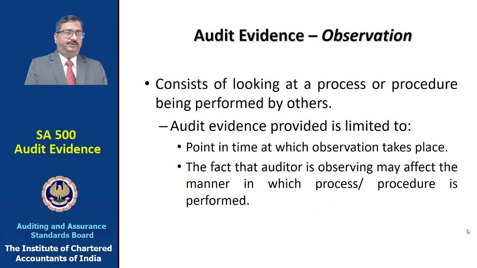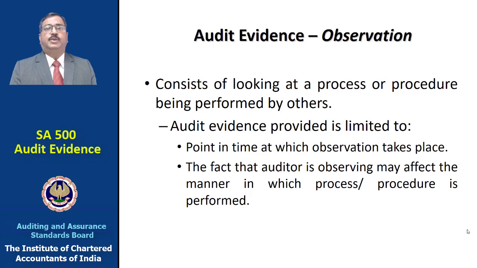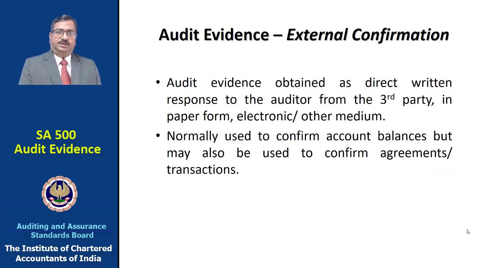The next stage is observation. It consists of looking at the process or procedures being performed by others. It is not necessarily a document before you, but you just observe the process by which a particular activity is carried out. Then external confirmations. Audit evidence obtained as a direct written response to the auditor's request from a third party, in paper form, electronic form, or other medium.